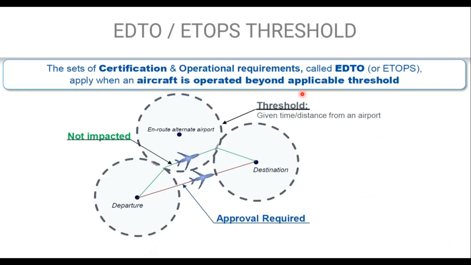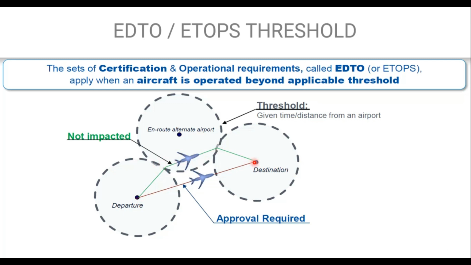Just to introduce that, you see here two aircraft. The first is for an aircraft that is not approved by EDTO. It has to go through a circle of 30 minutes, so the aircraft needs to follow the green path of the flight.